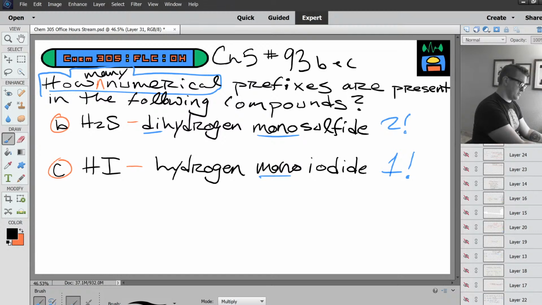Because compounds that start with H are acids. So they have a completely different way of naming. Completely different system, that we will learn in chapter 10.